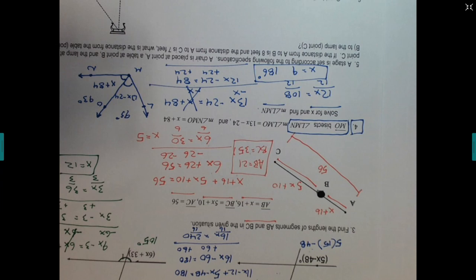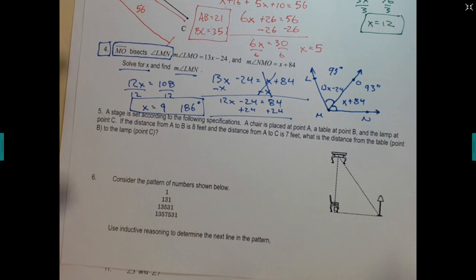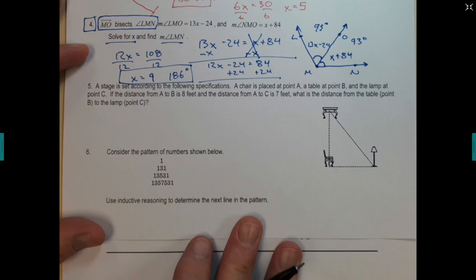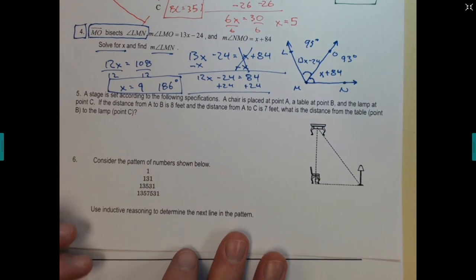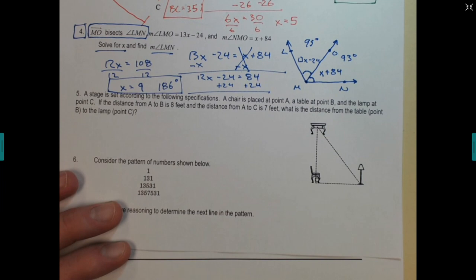Fantastic. Let's keep going. Problem 5. This one could be intimidating. I'm trying to bully you a little by putting some words in here. All right, problem 5 says, a stage is set according to the following specifications.